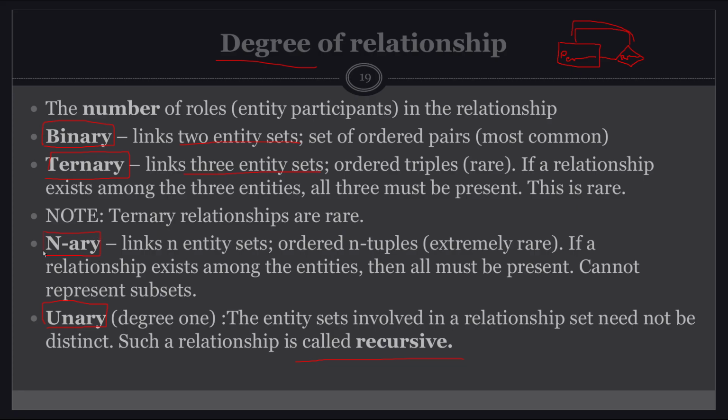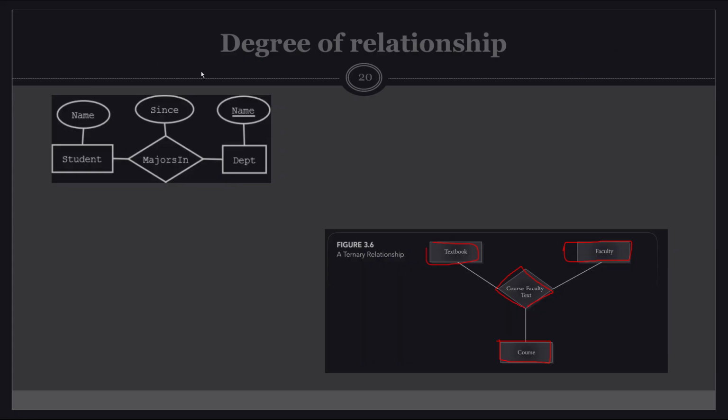Finally, we have the n-ary relations, in which some unspecified number of entity sets is participating. So n-ary for n equals 4 means 4 entity sets are participating. Ternary is when n equals 3, binary is when n equals 2. You can also have n equal to generally any positive number, okay? Even 0, in which there is no relation to begin with.